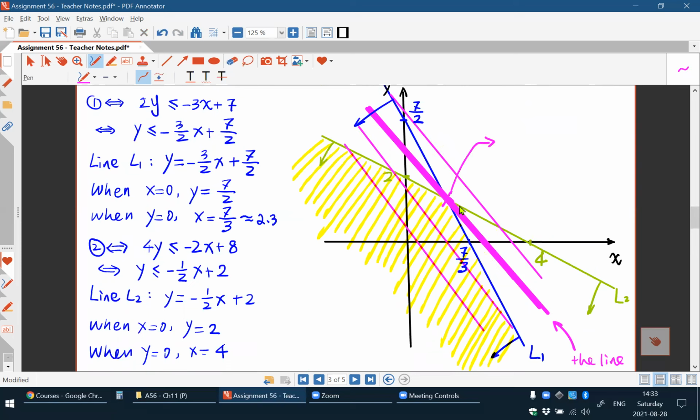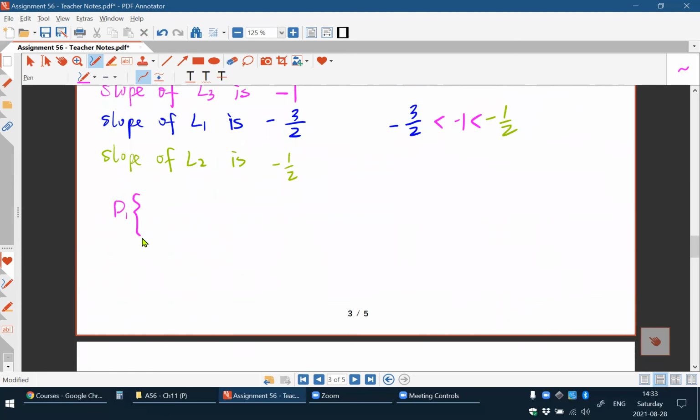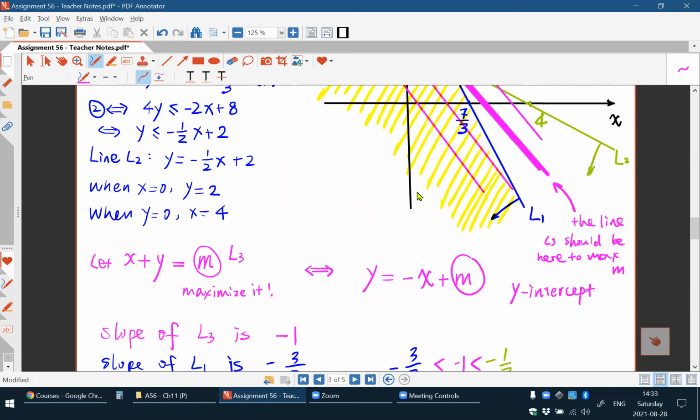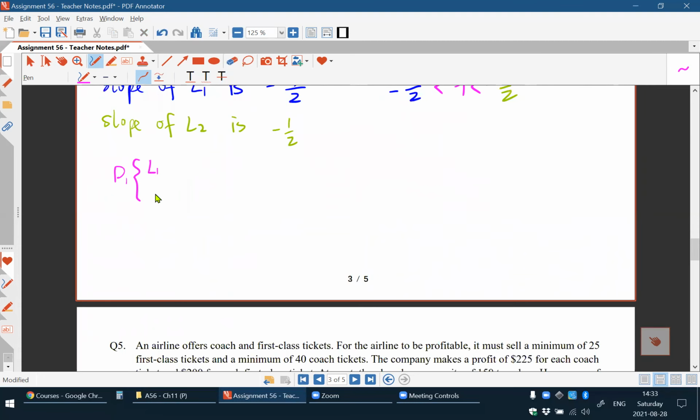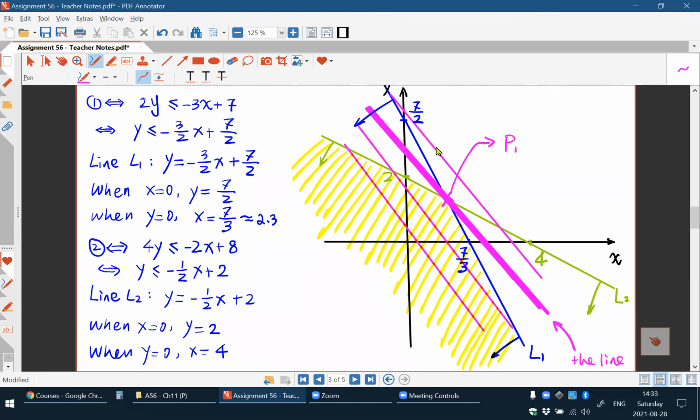And we need to find the coordinates of this point. Let's call this P1. P1 is an intersection of L2 and L1, right? So it's an intersection of L1 and L2. So let's combine these two equations to find the coordinates of P1.